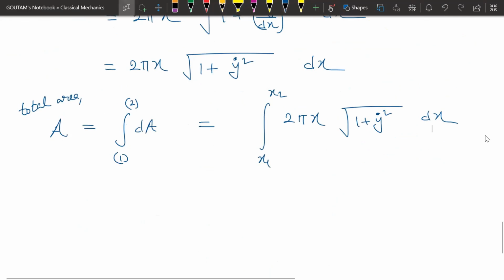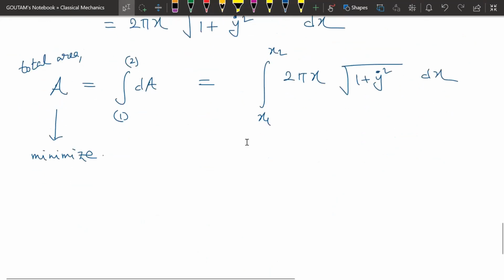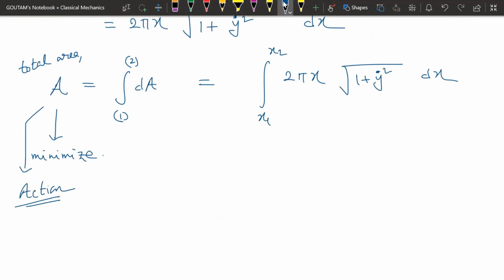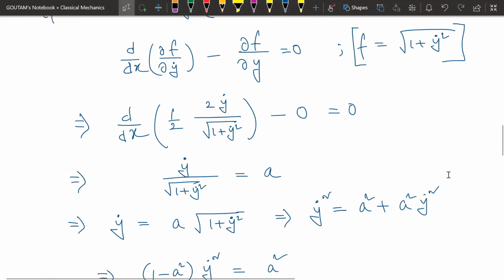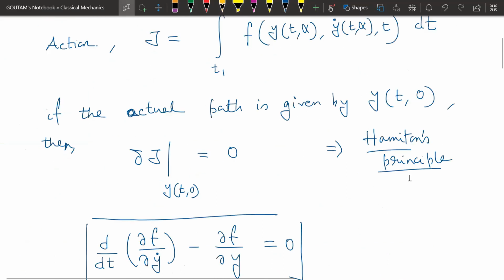We want to minimize it. So we want to find the extremum value of this A, which we can call the action, and we want to minimize the action. In that case, this function will play the role of the Lagrangian, this f, if you remember the variational principle.